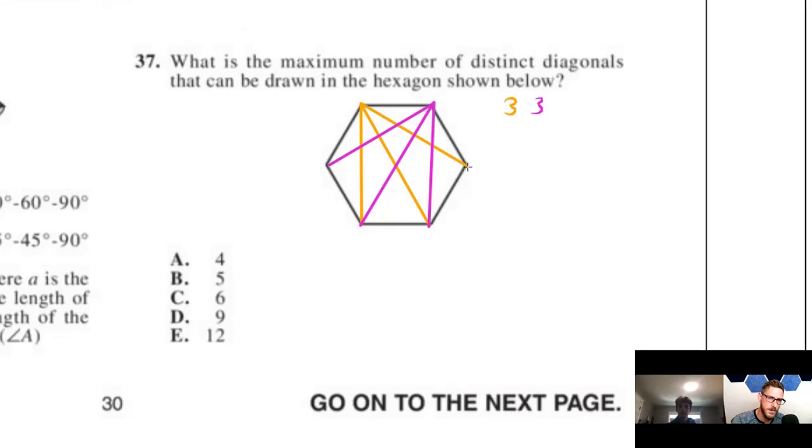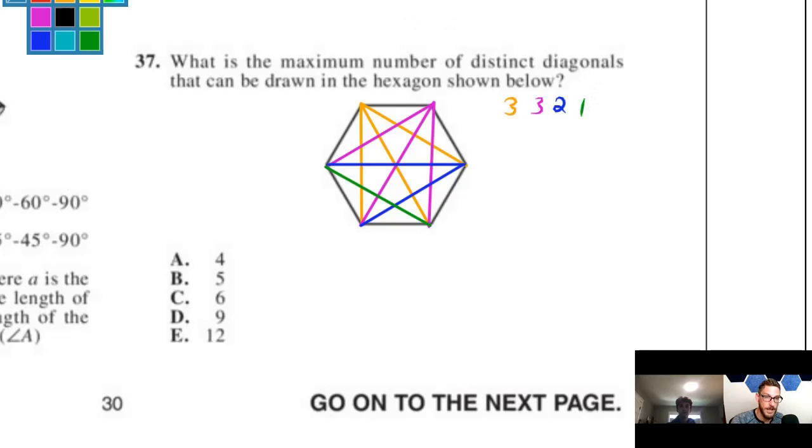So now we come to this vertex, but we don't have 3 to draw now. So this is where the first thing changes, because now one of the diagonals is already drawn. So we only get 2 new diagonals. So we'll put a 2. And then if we keep going around to the next vertex, now 2 of those diagonals are already drawn. 1, 2, and so there's only 1 new one left to draw.